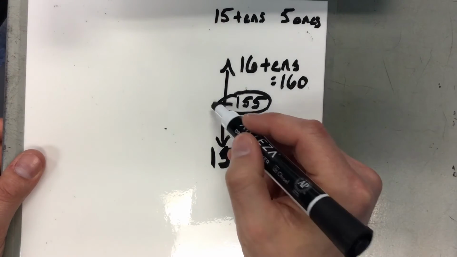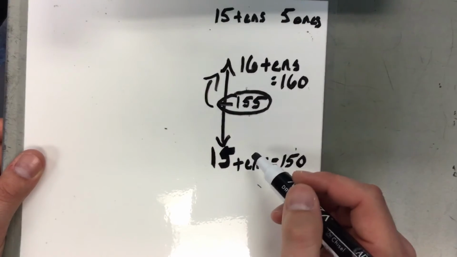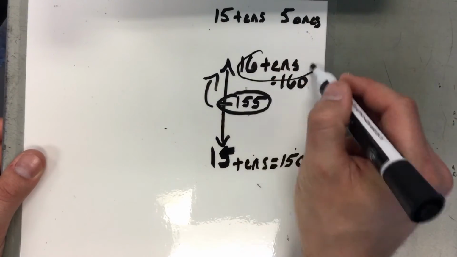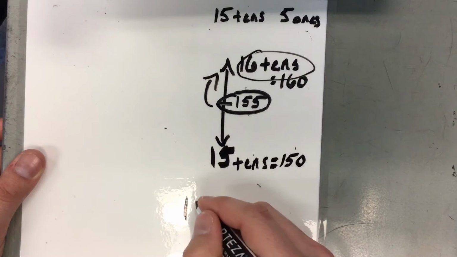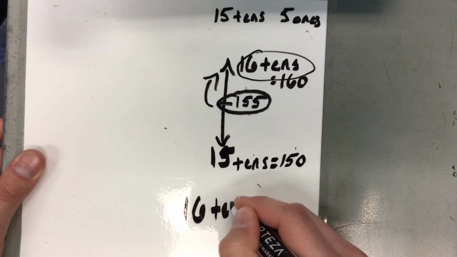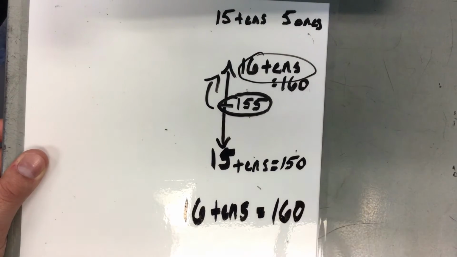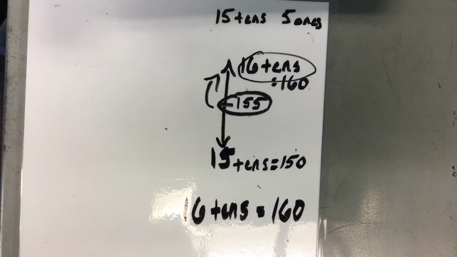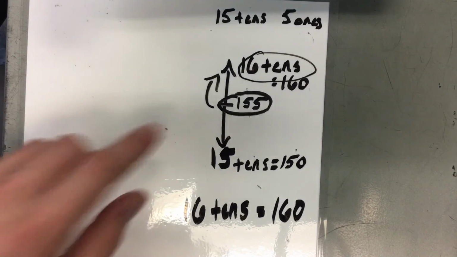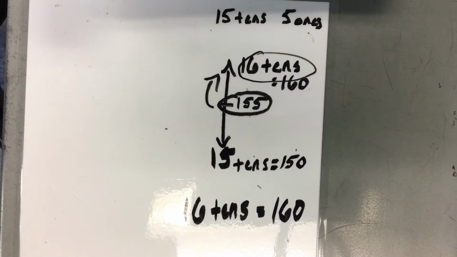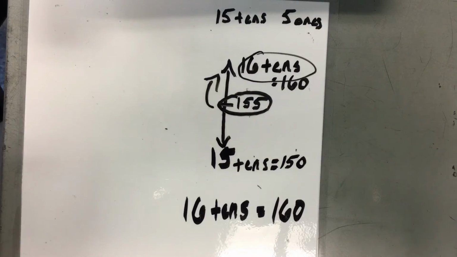It rounds up to 16 tens. So my answer would be 16 tens or 160. So that would be rounding that number to the nearest ten. And you can see that we used our vertical number line to help us with that.